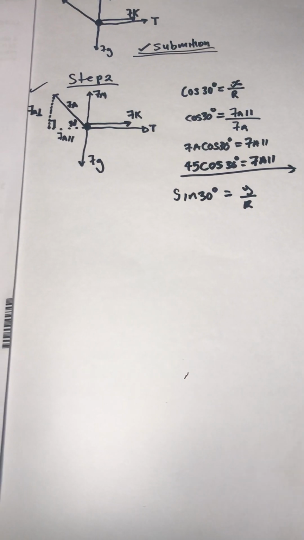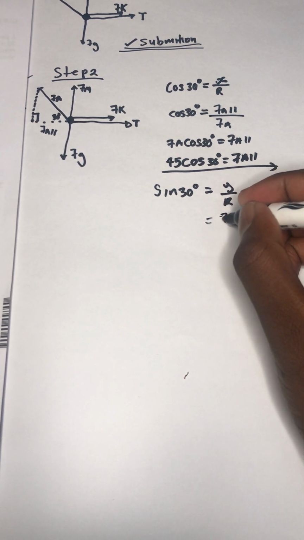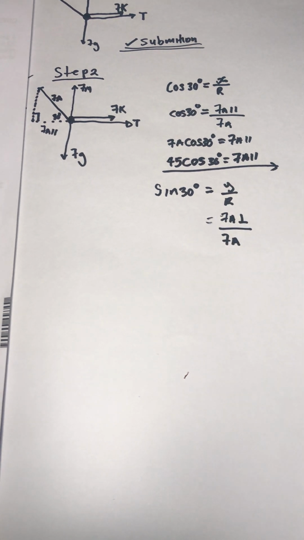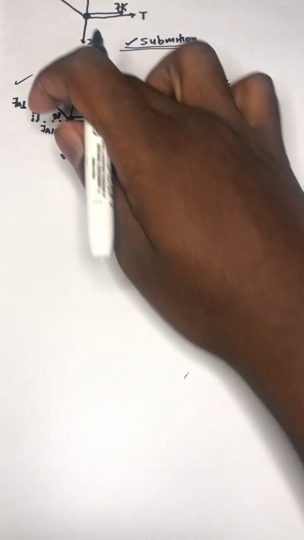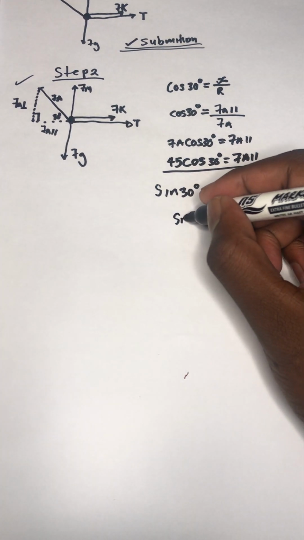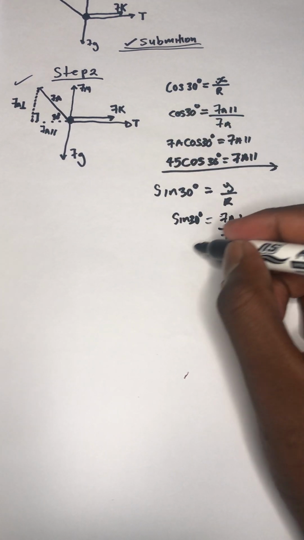So sesithini? Sesithi FA perpendicular over FA hypotenuse, the side opposite 90 degrees. Okay, and then we cross multiply. Abanye bathi cross multiply, we multiply both sides with FA.